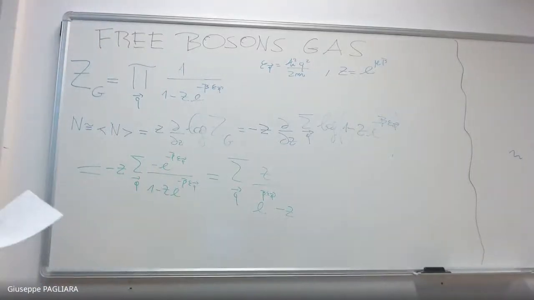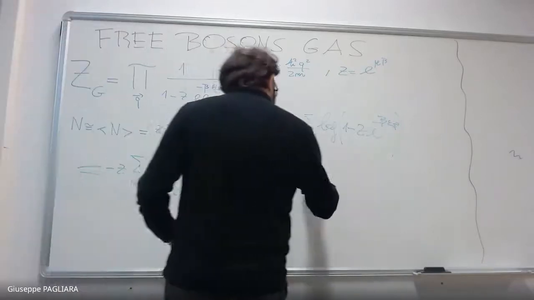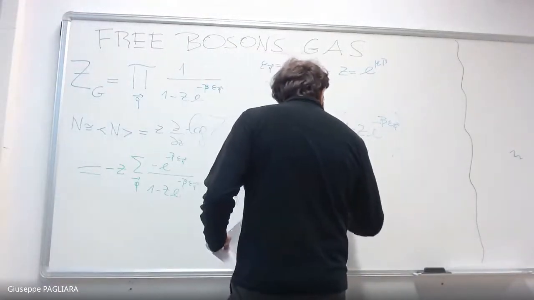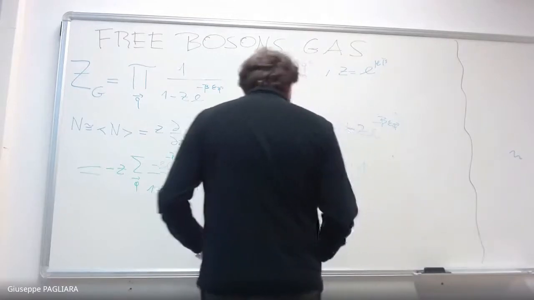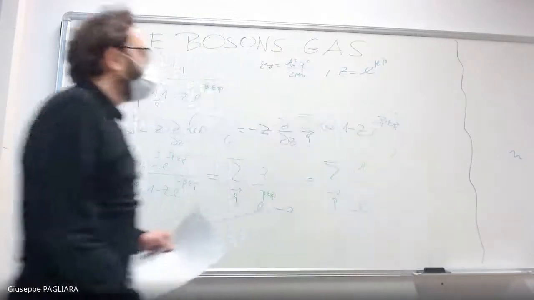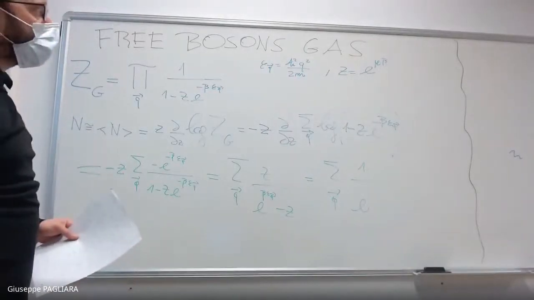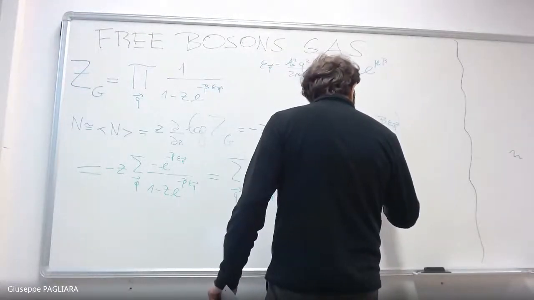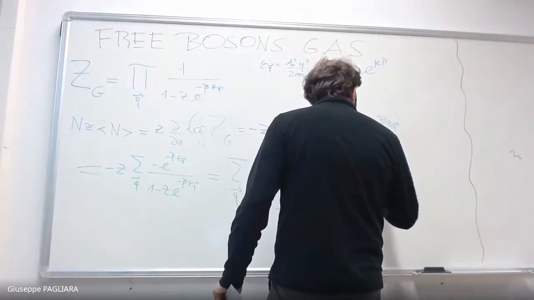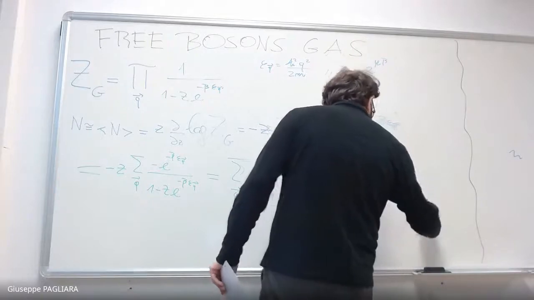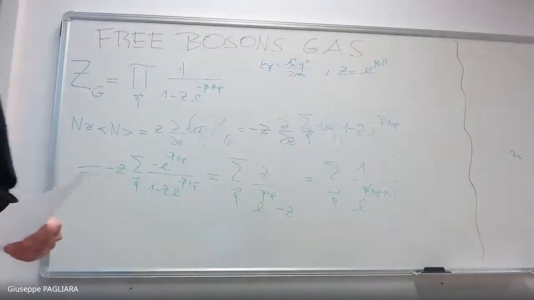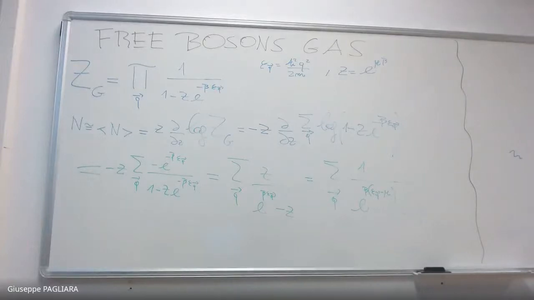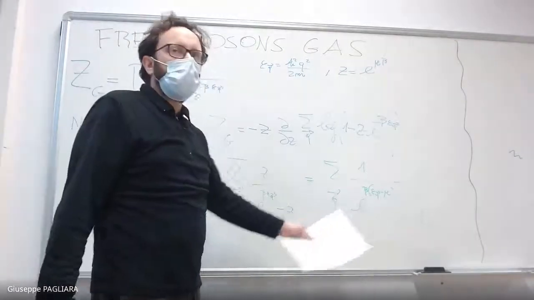Then let me divide the numerator and denominator by z. So equal also to the sum over q of 1 divided by e to the... z to the minus 1 is exponential of minus beta mu. Therefore I get e to beta epsilon q minus mu, minus 1.